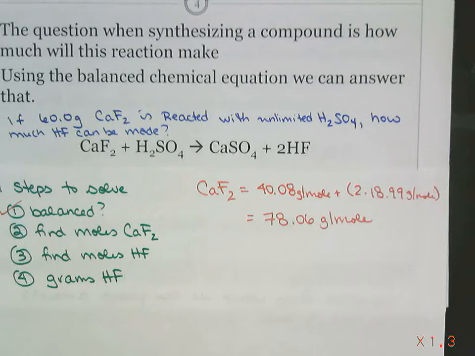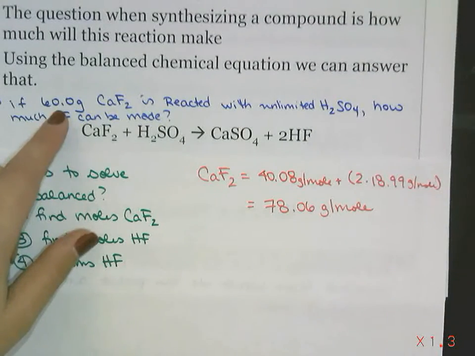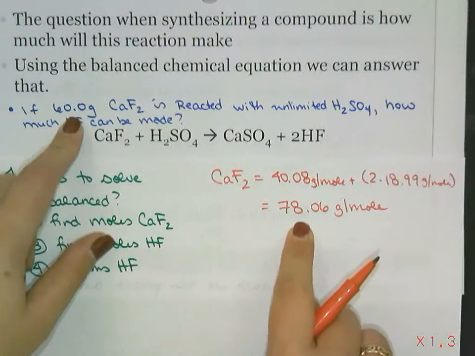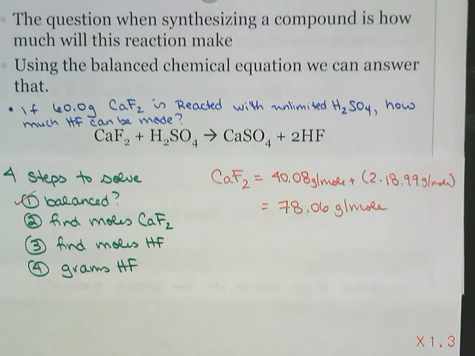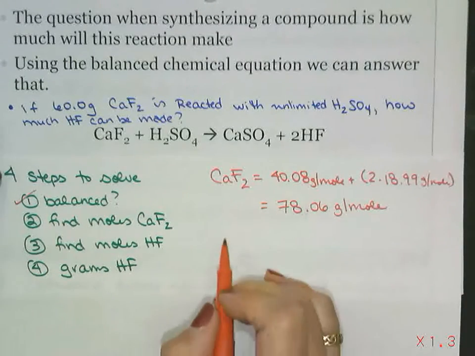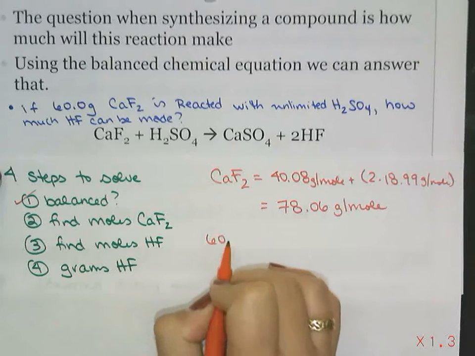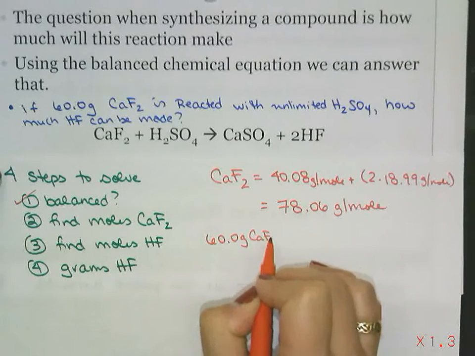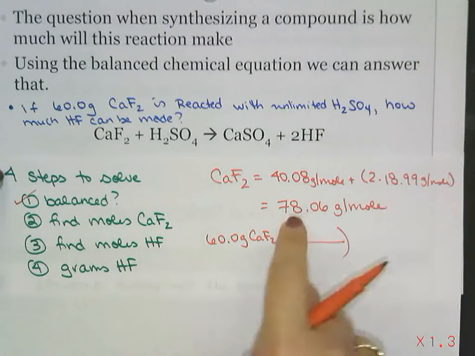All right, so now how do I use the 60 grams in conjunction with this? Do I multiply them together, divide one by the other, add them together? So if I have, where do I put the 78?